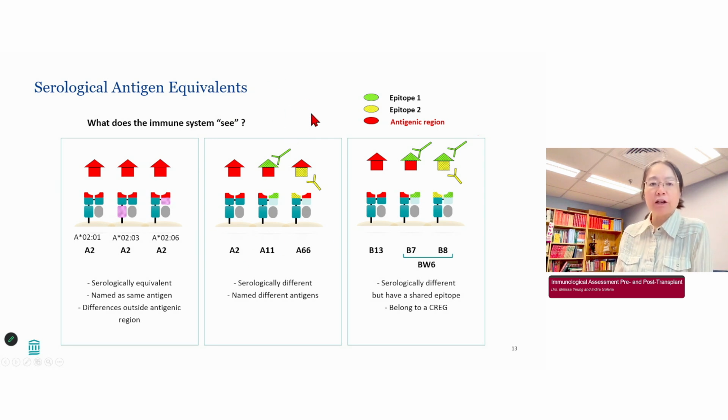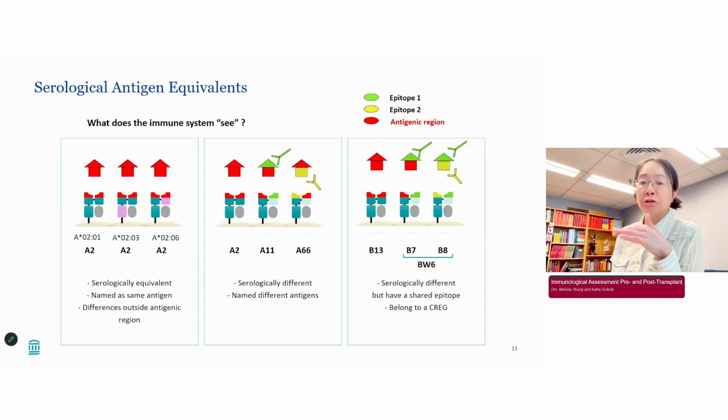In the middle scenario, you can see that if you drive through, each of the three houses are distinct to you. And so this represents three serologically different antigens. The third scenario on the right-hand side is something known as a shared epitope.